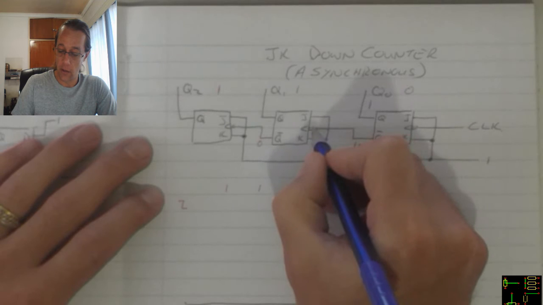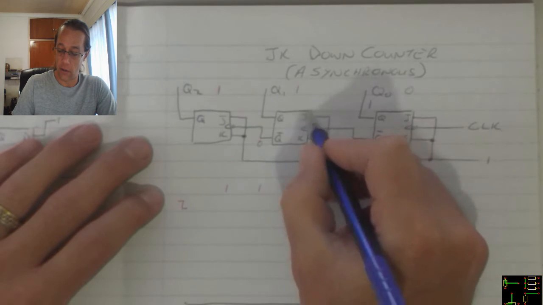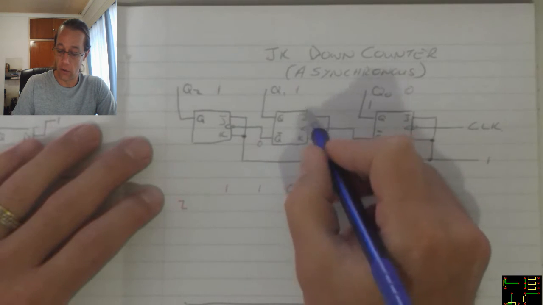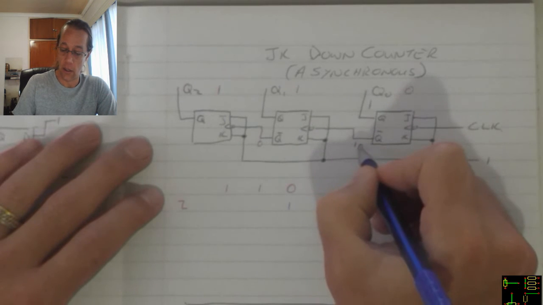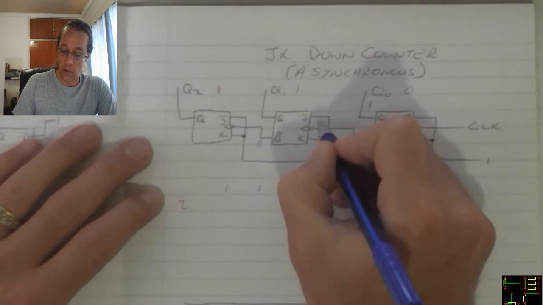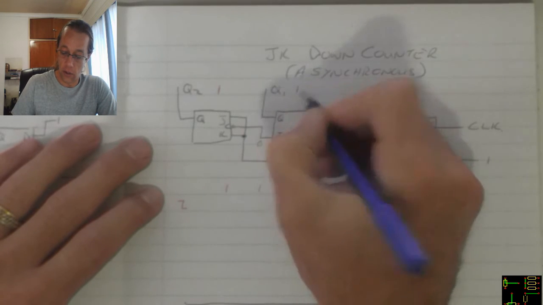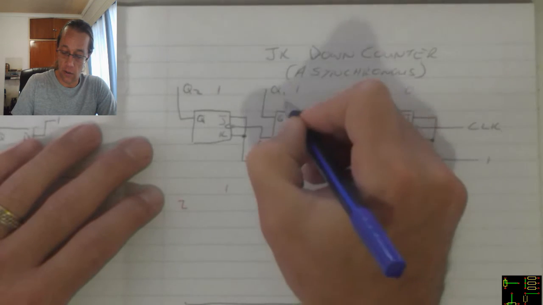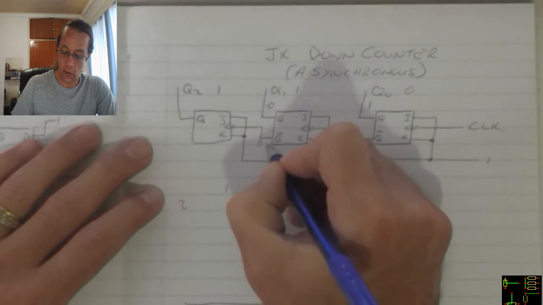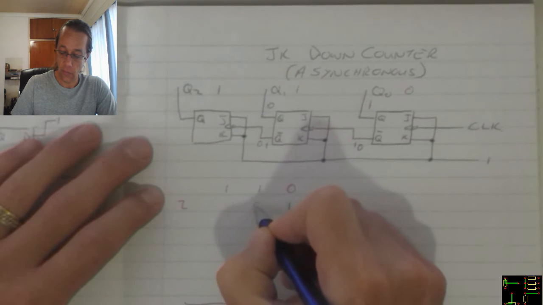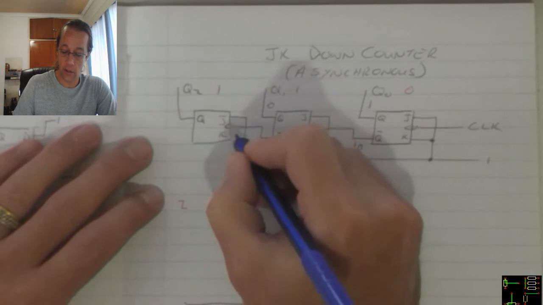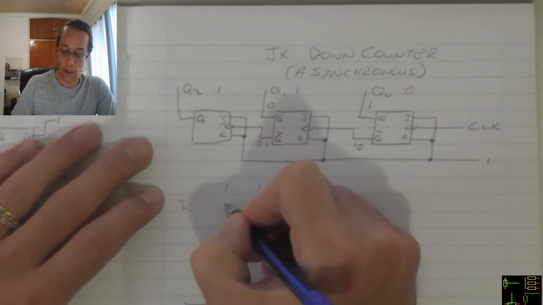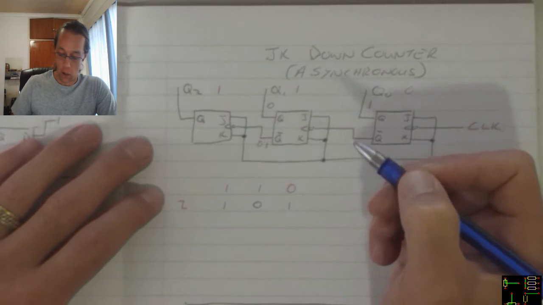That 0 feeds in there, which means this is going to toggle because it's the falling edge, which means this one toggles, turning that into a 0 and this one into a 1. And that one over there is rising, so that one's going to stay as it is.